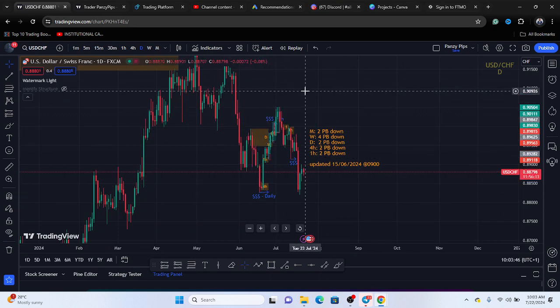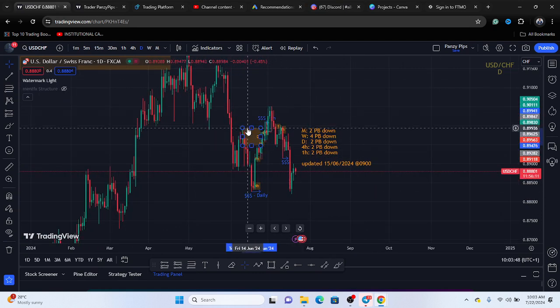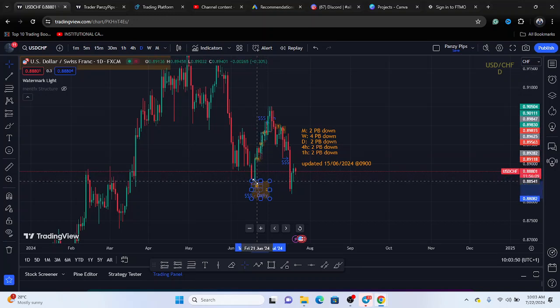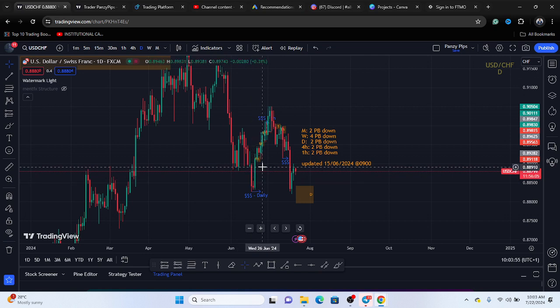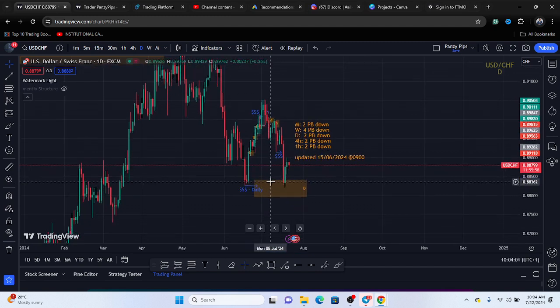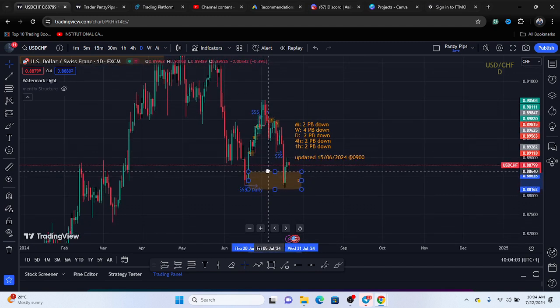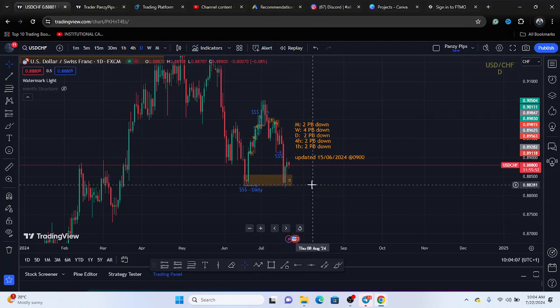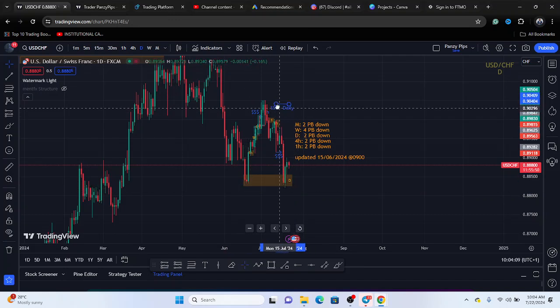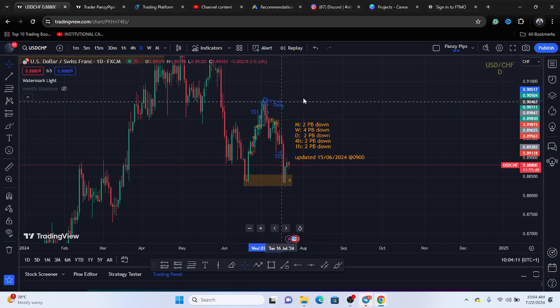It switched bullish, and so our daily zone is now coming from here, somewhere around here. Let's take out this one first. So our daily zone is now somewhere around here. Let's keep it here, this way, and this one goes up here, because our daily zone is now bullish.